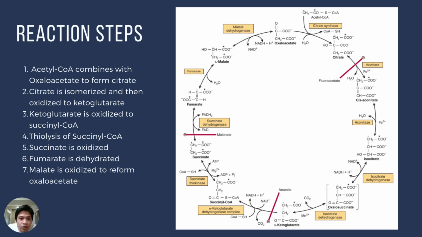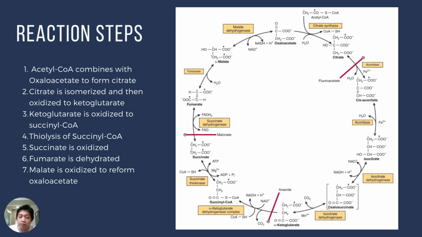This step is specifically inhibited by the poison arsenite, which is a derivative of arsenic. So next, because this dehydrogenation reaction creates a highly energetic functional group, which is also unstable, this will have to be stabilized by the attachment of a coenzyme A molecule. And therefore, the end product of alpha-ketoglutarate dehydrogenation would be succinyl coenzyme A, or SCoA, which already contains coenzyme A in the structure here.